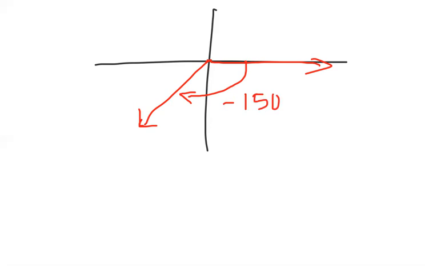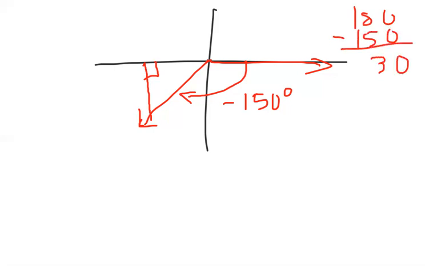So I want the reference angle to this negative 150 degree angle. So I'm going to go ahead and drop a perpendicular to the x-axis. All right, so now my job is to figure out this angle. So again, it's going to the x-axis. I'm going to take 180 and subtract 150. So this one is going to be 30. So the reference angle here is going to be 30 degrees, guys. Just like that. We're done.